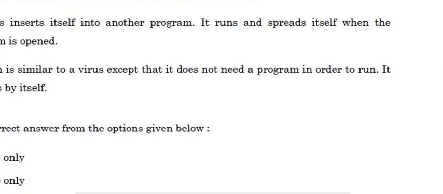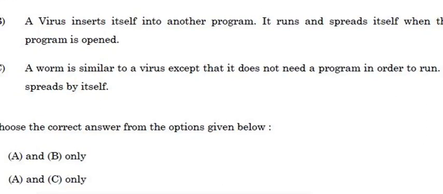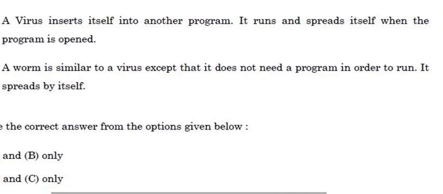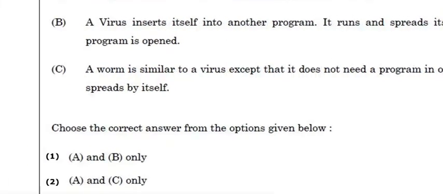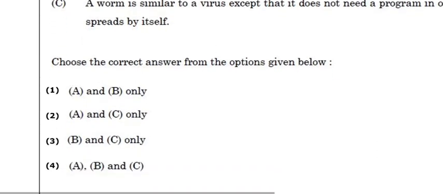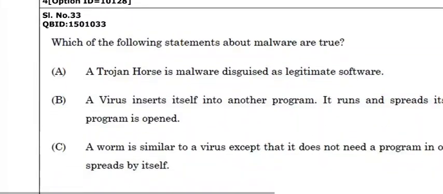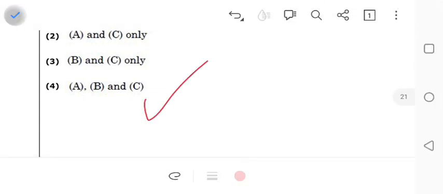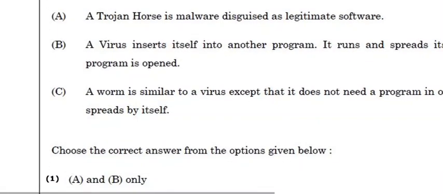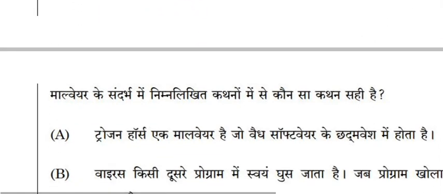It runs and spreads itself when the program is open. C, a worm is similar to a virus except that it does not need a program in order to run. It spreads by itself. So these are the options for question number 33. Correct option will be A, B and C. These three are correct. All are correct. Okay.